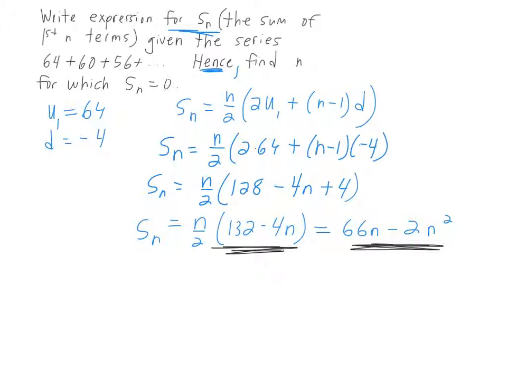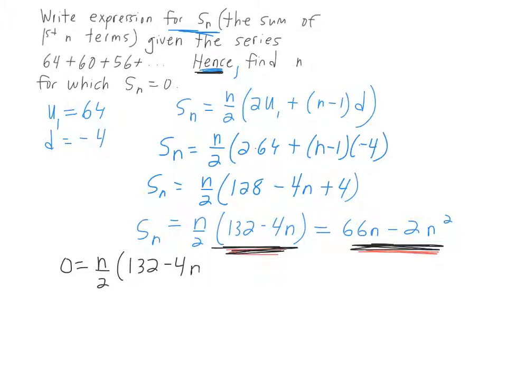From there, remember it says hence we want to find n for which the sum is equal to 0. So we're going to take either one of these and set it equal to 0 and solve. Hopefully you would agree with me, since we're setting this equal to 0, it makes more sense to use the factored form of our s sub n equation.